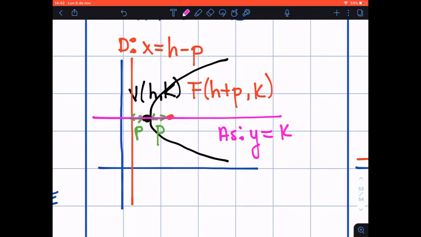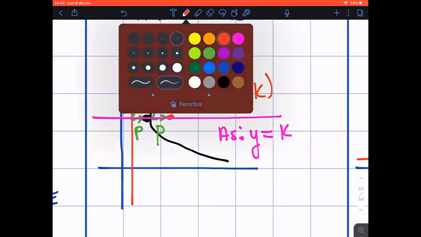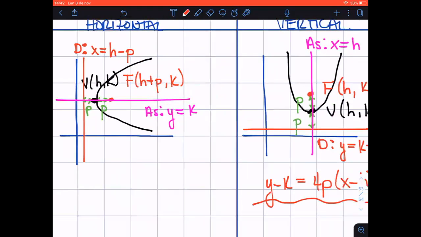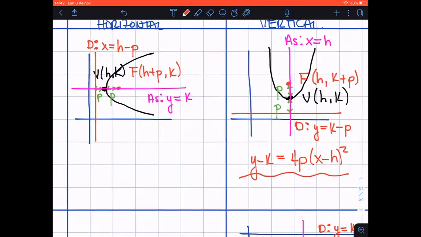The same as with the vertex and the focus. Great. Now I need the equation of this horizontal positive. If the vertical begins with y, now the horizontal will begin with x. So I just need to flip the variables. X minus h equals 4p times y minus k squared. We're done with the equation.